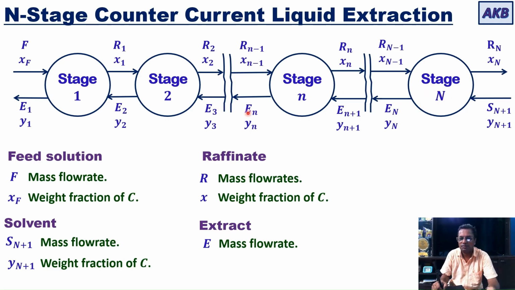Small e n is the mass flow rate of the extract phase that is coming out of small n stage. E2 is the mass flow rate of the extract phase that is coming out of stage number 2. And the final extract phase, which comes out of stage number 1, will have a mass flow rate of E1. And small y will be the weight fraction of C in those extract phases, the weight fraction of the solute.